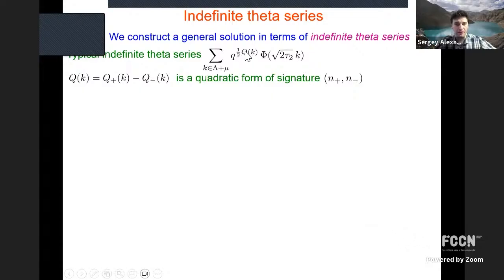The whole point is that for indefinite theta series, you take this quadratic form to be of indefinite signature: some number of pluses, some number of minuses, or in other words, there is a positive definite part and a negative definite part. But if you just write a sum like this, it will be divergent, so your theta series is not well defined. You must make it convergent somehow, by inserting a certain kernel into the theta series. And there are essentially two standard ways to achieve convergence.